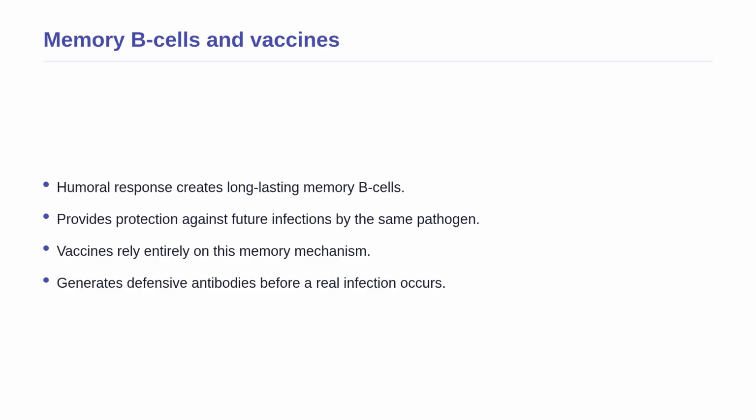This is the exact mechanism that most vaccines rely on to protect you from future diseases. When you get a vaccine, your body is tricked into generating these specific antibodies and memory B cells. This ensures that if the real, dangerous virus ever enters your body, the defensive arrows are already waiting to neutralize it immediately.